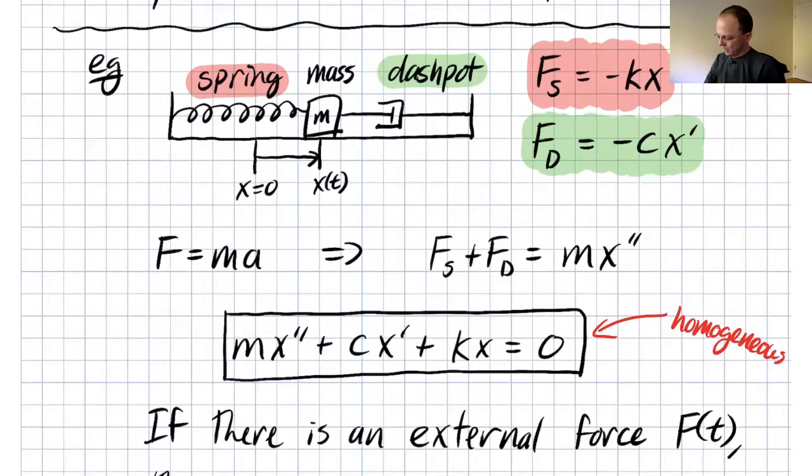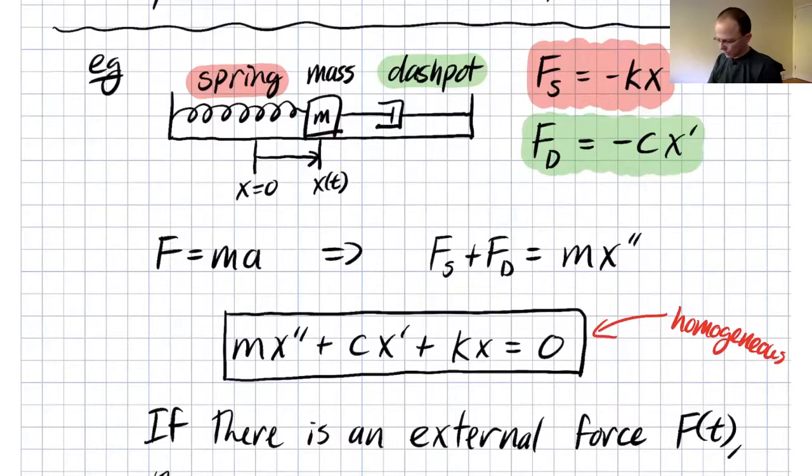So that's why the dashpot force is related to the velocity. The more velocity you apply to this mass, the stronger the force is, and it's, again, in the opposite direction to the velocity. Positive velocity means it's moving to the right, and negative velocity means it's moving to the left. So this is always going to be a force in the opposite direction.